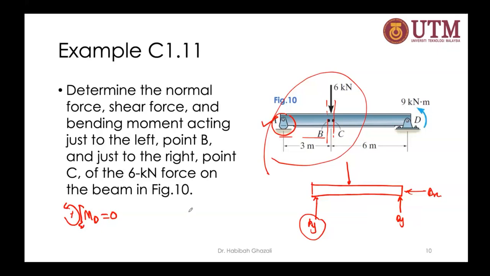Okay, so that would be what, wait a moment. The 6 kilonewton is going to cause anti-clockwise rotation. No, clockwise rotation. Am I correct? So that's going to cause clockwise rotation, so that's a negative 6 times 6.